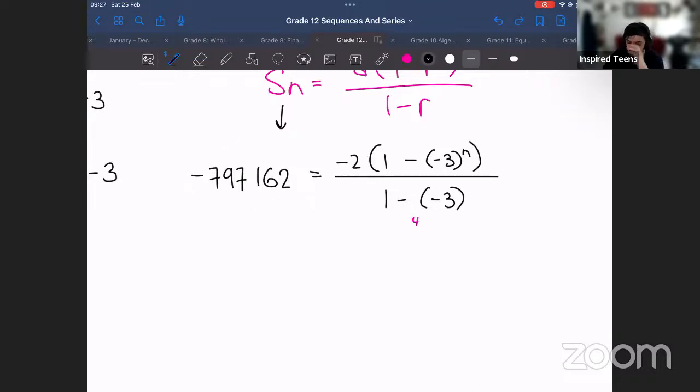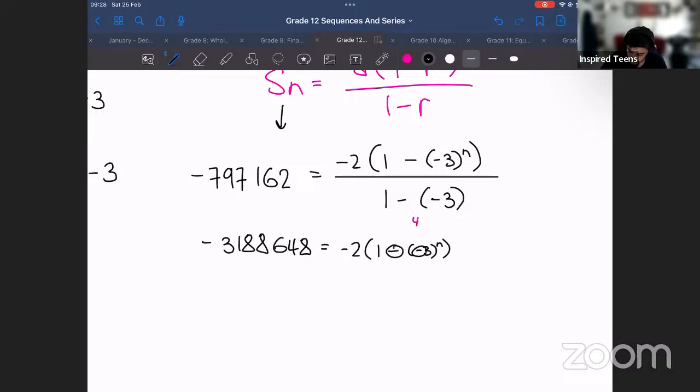Okay, let's take it step by step. Let's take this over as a multiplication. Because it's division on the right, I'm going to take it over as multiplication. I get -3,188,648. That's quick maths. Definitely did that in my brain. Okay, is equal to -2 times (1 minus -3 to the power of n).